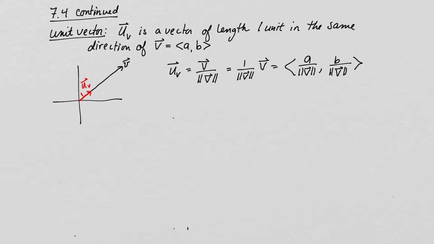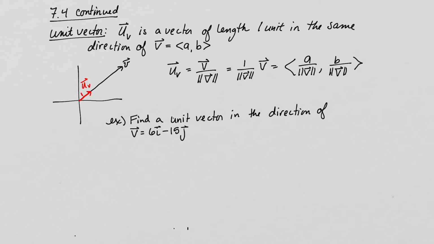So it's actually a pretty straightforward process to do. So for example, find a unit vector in the direction of vector v being equal to 6i minus 15j.